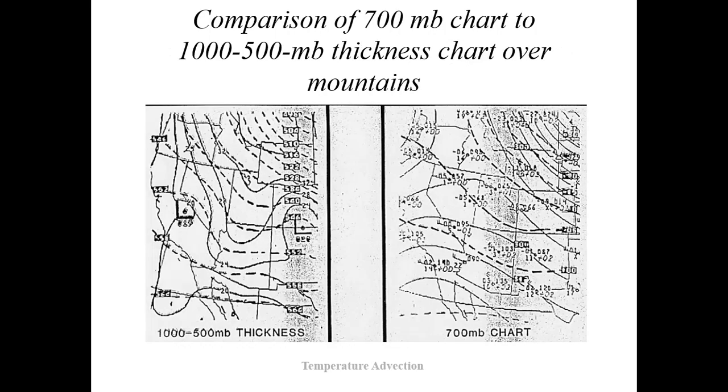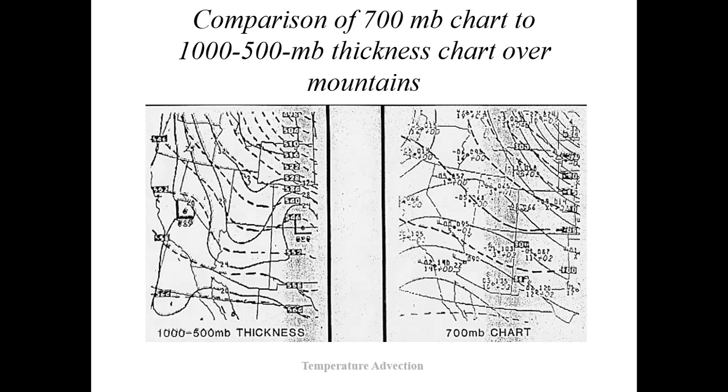Here's a comparison of the 700 millibar chart on the right to the 1,000 to 500 millibar thickness chart over mountains to the left. Notice the pattern is different, right? The solid black lines in both charts indicate lines of equal height. But notice that you have a dipping over the mountains of the desert Southwest with the 1,000 to 500 millibar thickness chart.